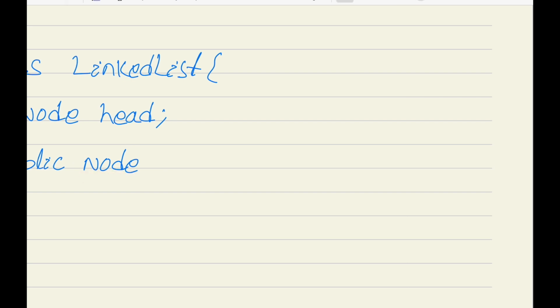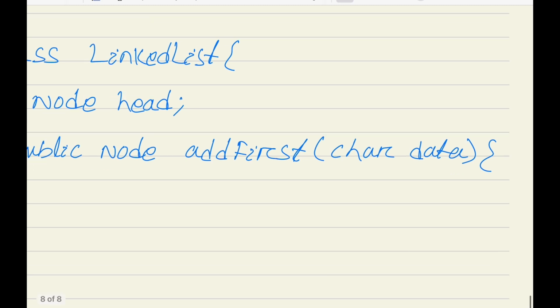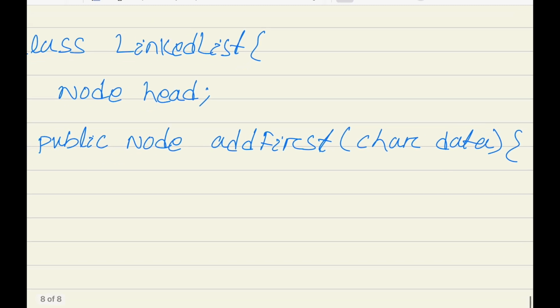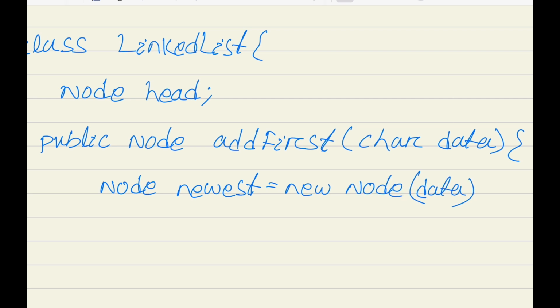So the method like this, the name of the method is add first. Then it is going to take one data, or it has one parameter data of type character. Then we can write like this, node newest equal to new node data. That means one new node is created, and we are passing the value of data as argument.